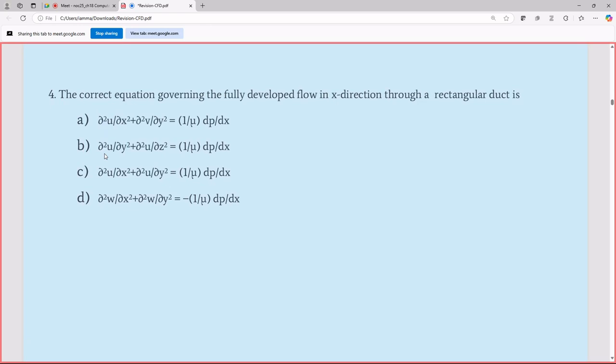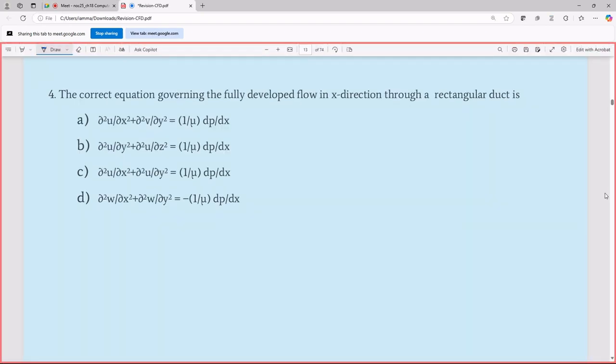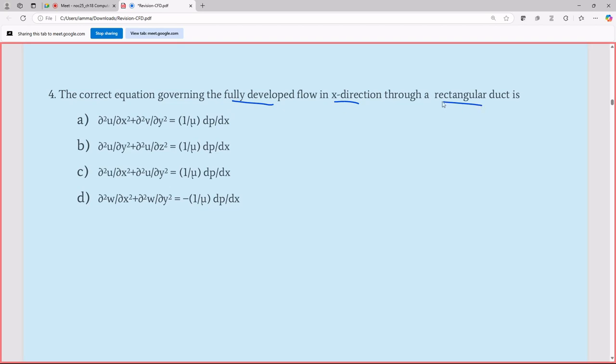Moving on to the next question. The question is asking for the correct equation governing the fully developed flow in the x direction through a rectangular duct.